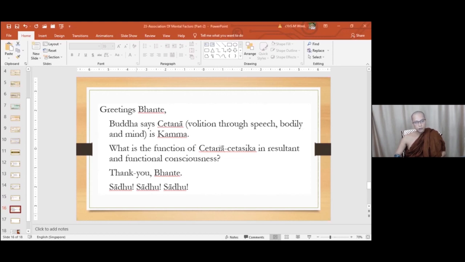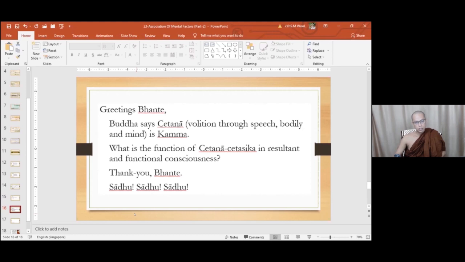And in the case of functional consciousness, there is no more support of the defilements and clinging. So it cannot be karma, because there is no support of the clinging and mental defilements.